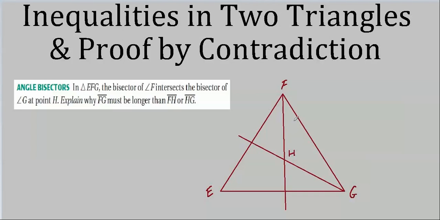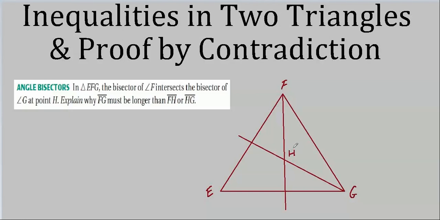In other words, I should do it properly and say that FHG is definitely a larger angle than HFG, simply because this is an angle that's been cut in half. And any angle in a triangle, once you cut it in half, the two halves have to be acute. There's no way around it. And this certainly looks obtuse.